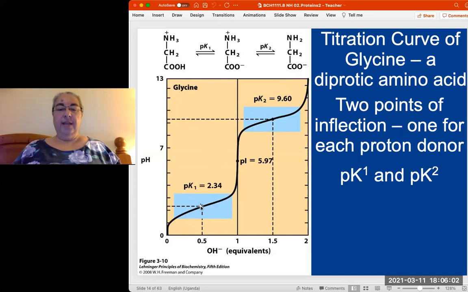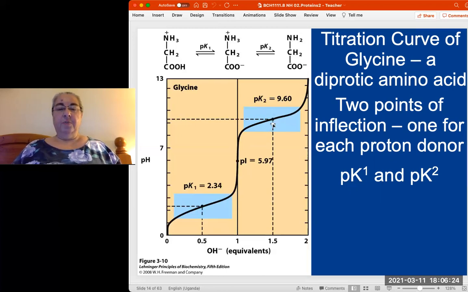Do you see? And the point that it changes from one type of curve to the other is the point of inflection. And the same thing here, a curve flattening and then rising. So a second point of inflection here.